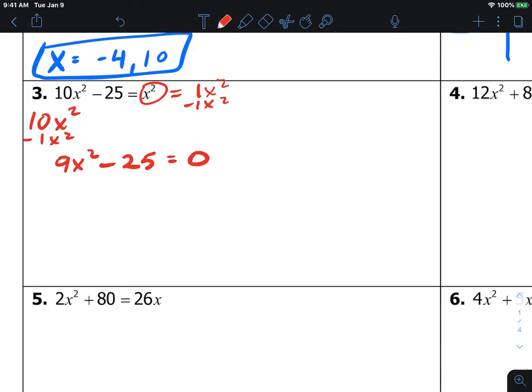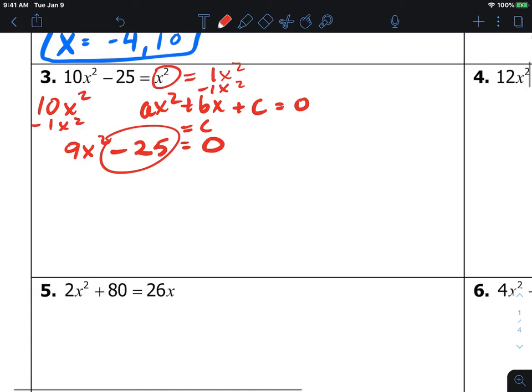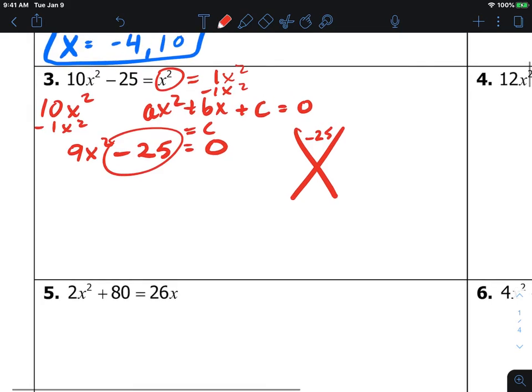Please do not tell me, though, that b is -25. Why? Well, because that doesn't have an x. What do you mean? Well, that's ax squared plus bx plus c equals 0. So the c is the -25. And this is a problem that, if I was going to use diamond, -25 is the product.